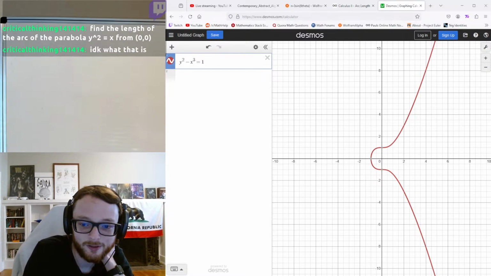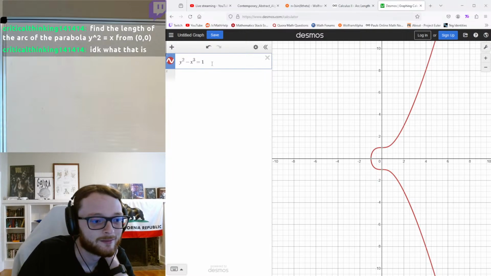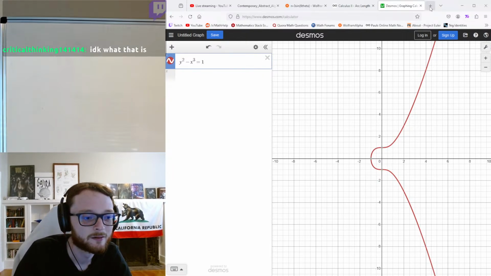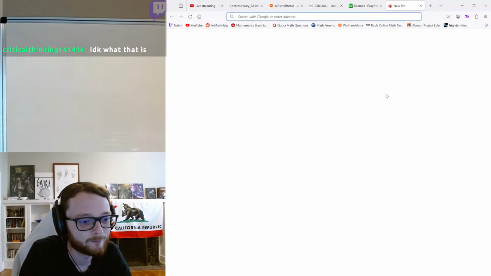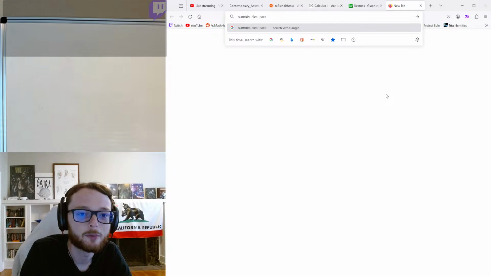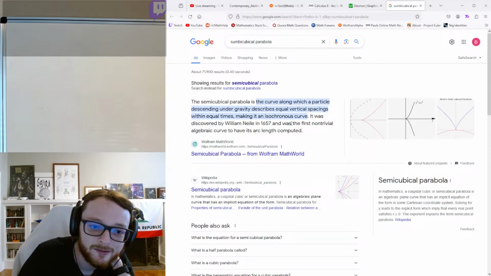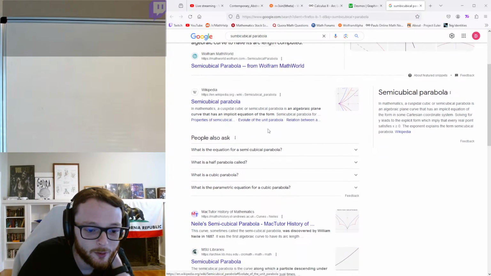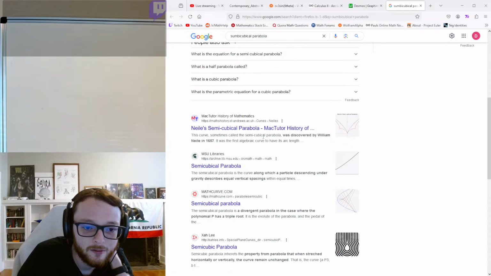It's not equal to 1. It's kind of a funny graph, though. You can't do anything with just y squared minus x cubed. You need it to be equal to something. Otherwise, it's not a function.